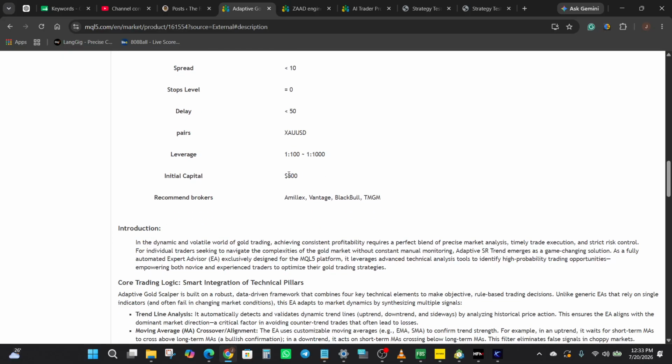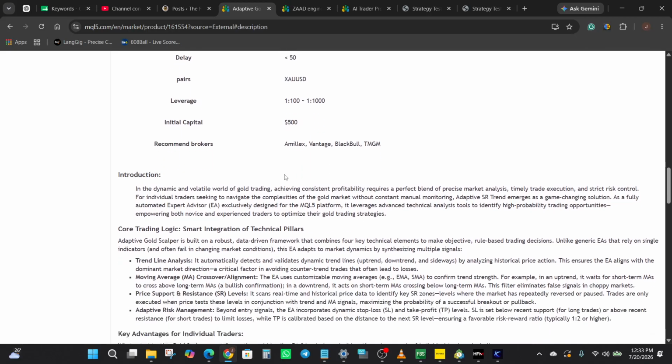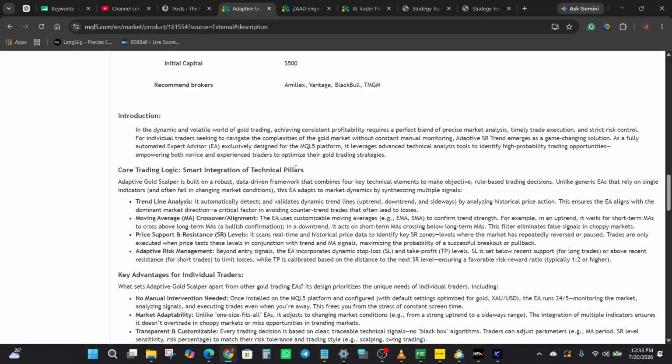One more thing worth flagging is that partway through the listing, the product description switches to referring to itself by a different name, Adaptive SR Trend, rather than Adaptive Gold Scalper.